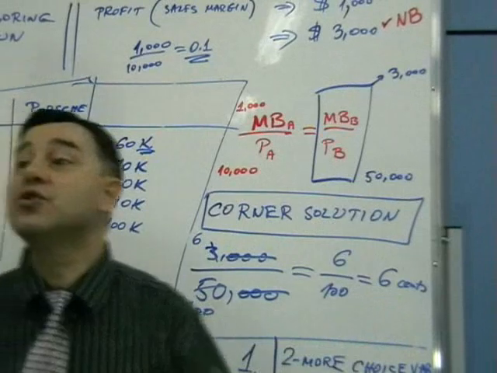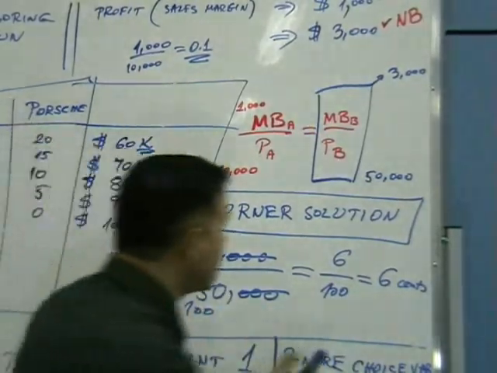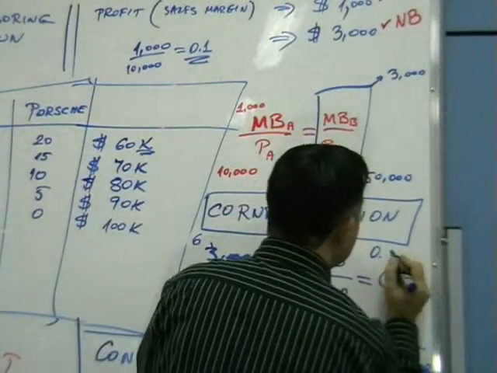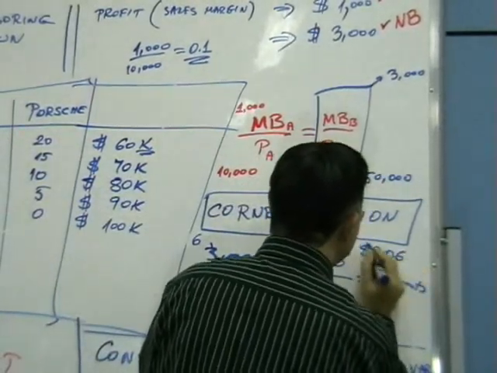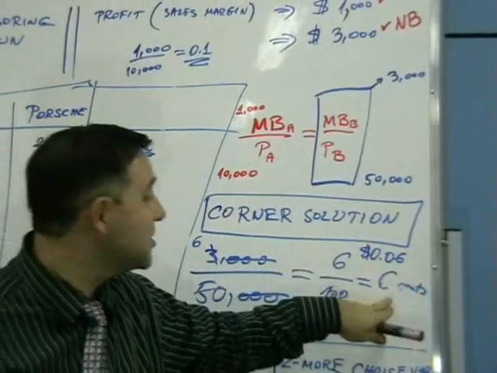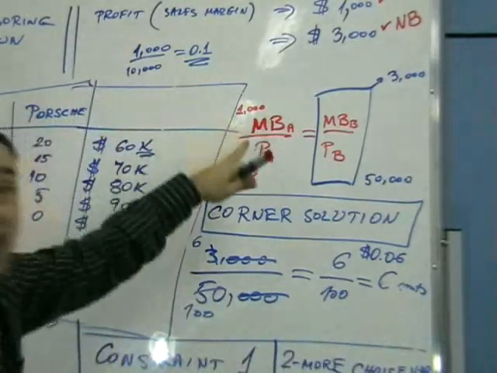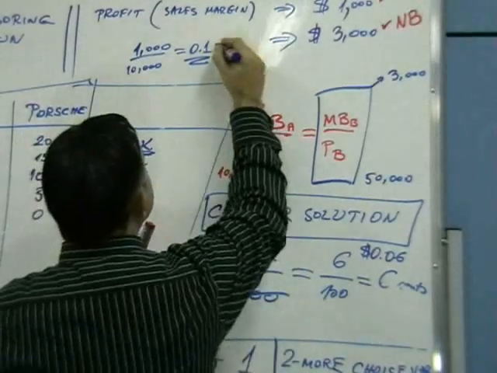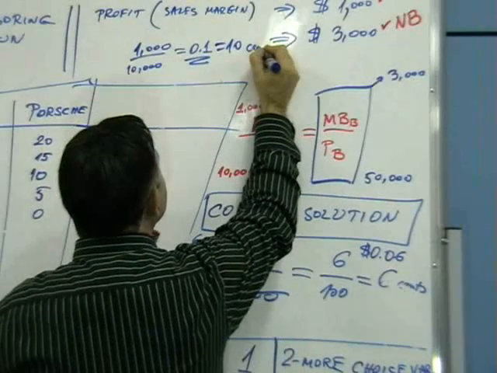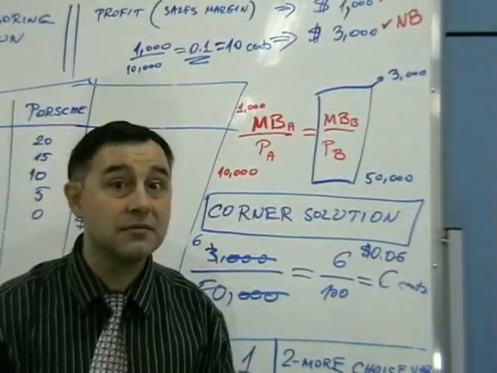So, 0.06 dollars is the same as 6 cents on the dollar. Here it is equal to 10 cents on the dollar, right?